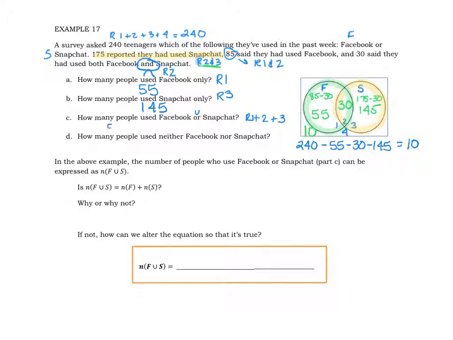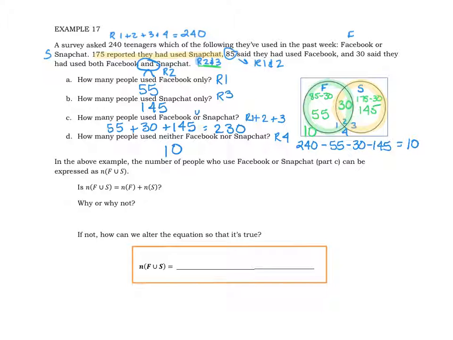So we add 55 plus 30 plus 145. When I add all those together, I get 230. And how many people use neither Facebook nor Snapchat? That is region 4, and we already figured that out. That was 10.